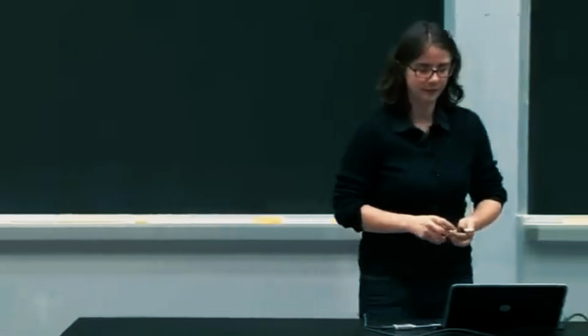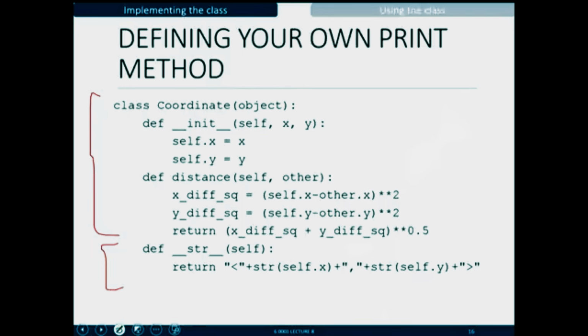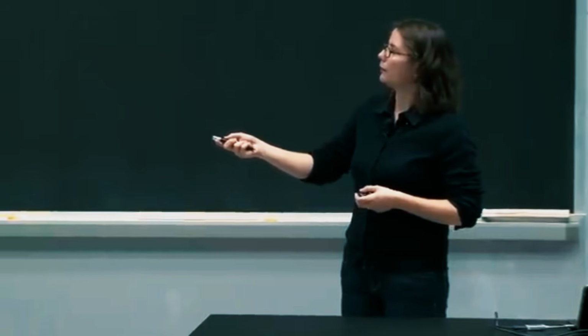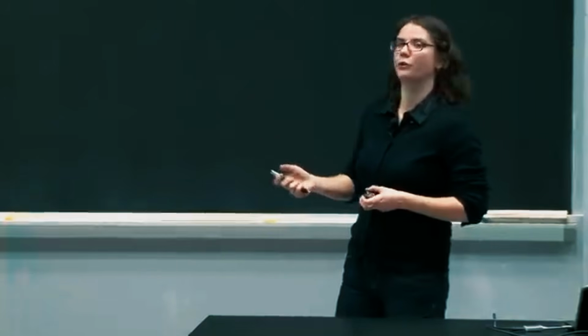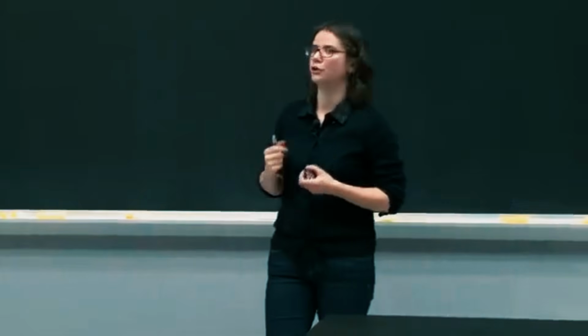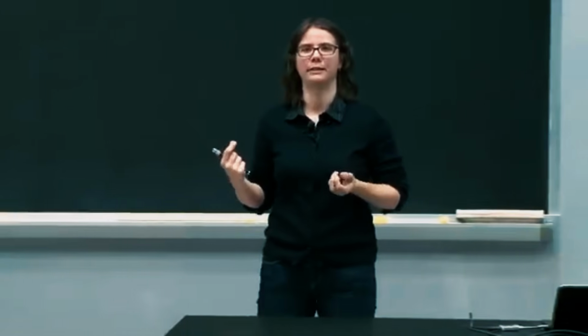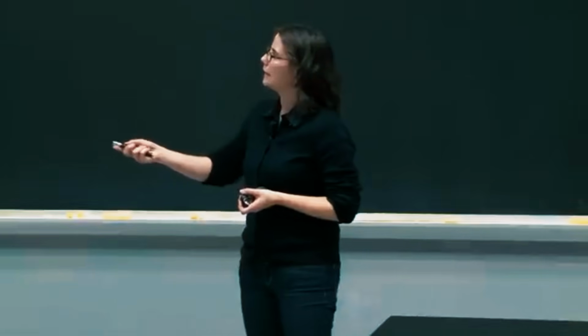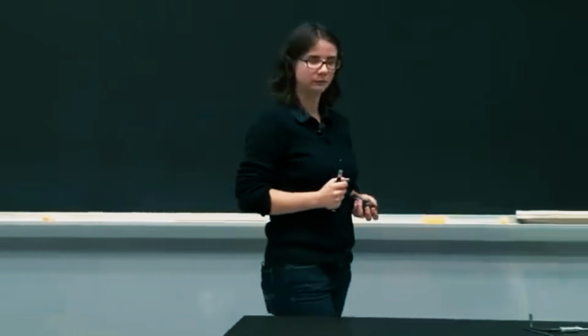All right, so how do we define this? So far, we've defined all that, and the last part is going to be new. We've defined the init and the distance, and let's define this str. So __str__ is a method. It's only going to take self because you're just calling print on the object itself. There are no other parameters to it. str has to return a string.